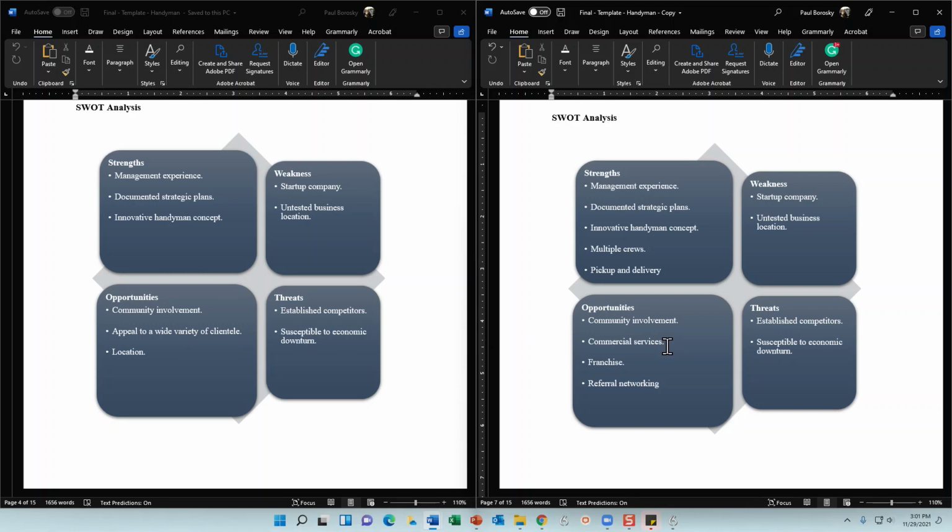Also, an opportunity would be franchising. If you do start expanding and adding more service in an area, eventually you're going to be able to optimize your business model, document your business model, and then also provide franchise opportunities for other handymen in other areas. And keep in mind, I'm focused on handyman for this example.